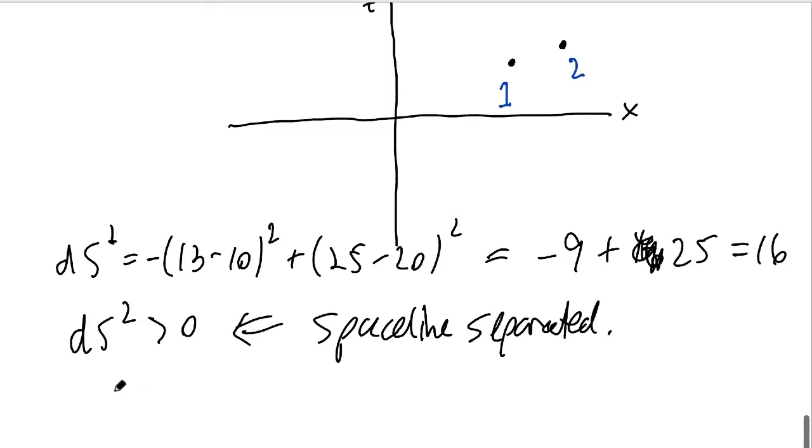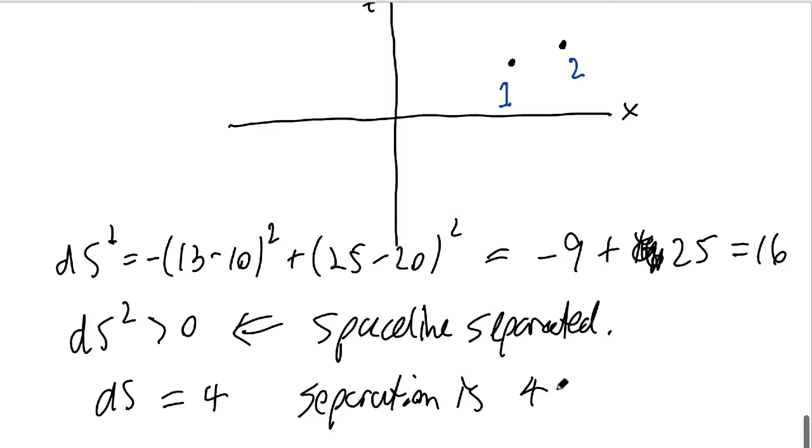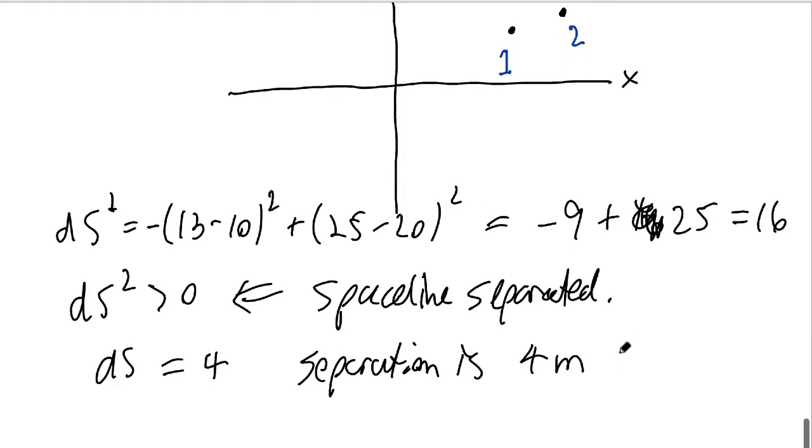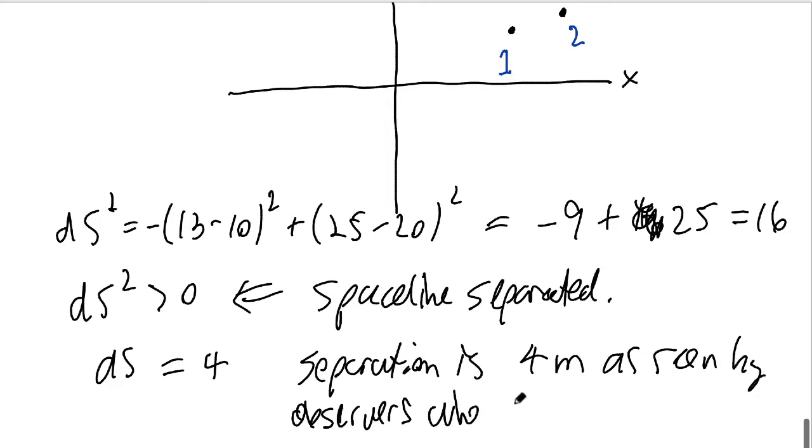And then the square root of ds squared, which is 4, tells us that the separation between the events is 4 meters, or whatever units you choose, as seen by an observer who observes these two events as occurring simultaneously.